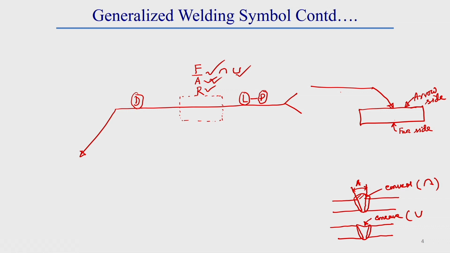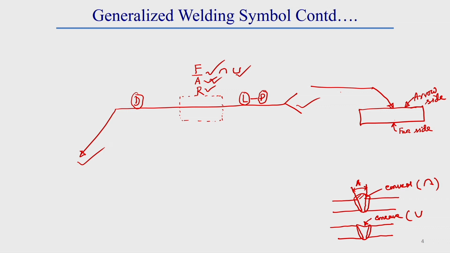So, if the tail and arrow are interchanged, the elements of this weld symbol will not change. That means the welding elements of a weld symbol do not depend on the change of tail and arrow. We should know this information.